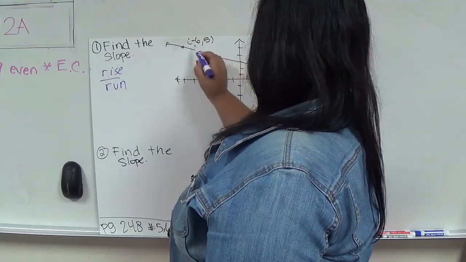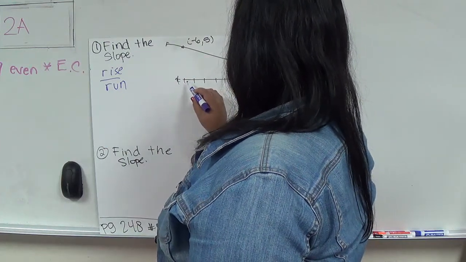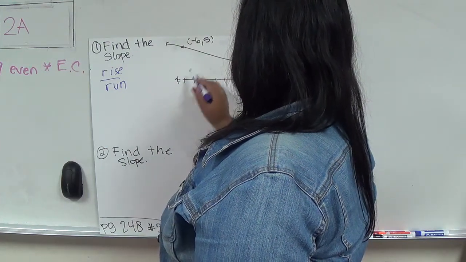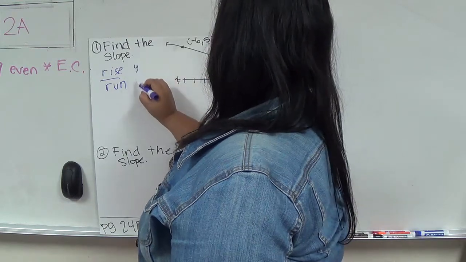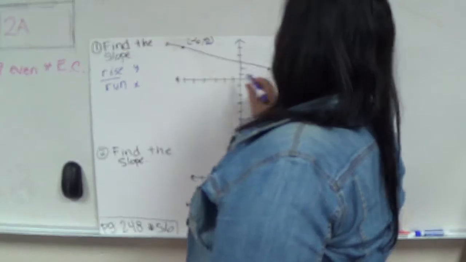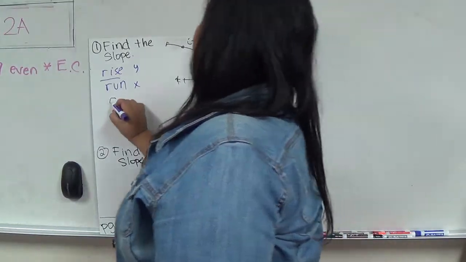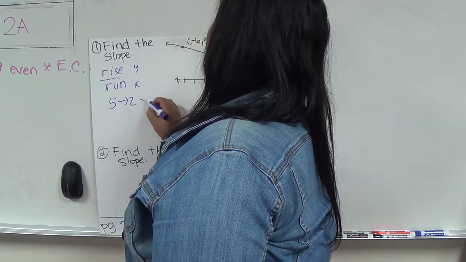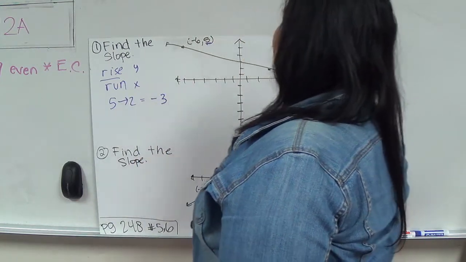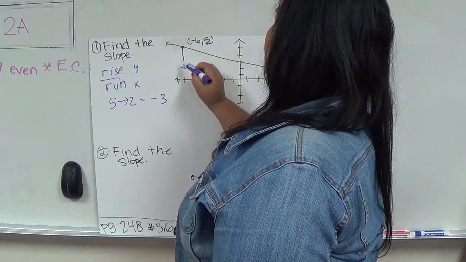So it's going from the rise is the change in y and x. So let's focus on the y first. So we go from 5 to 2. If I'm moving from 5 to 2, then that means I'm decreasing by -3. So that means I'm going down 1, 2, 3.